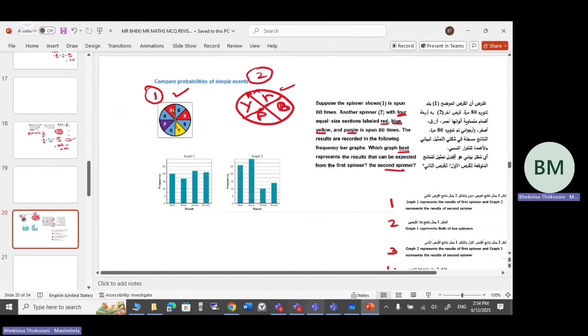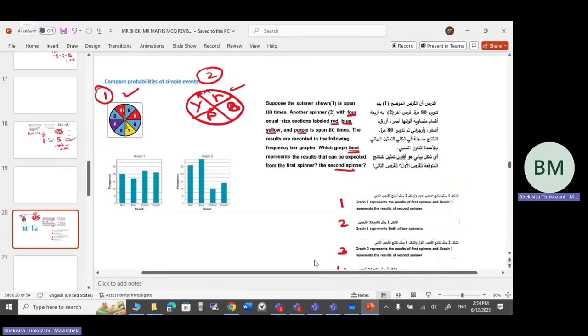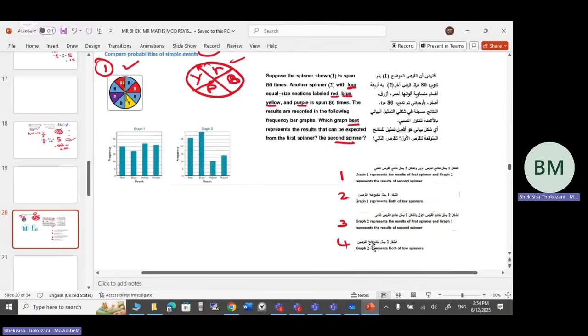Now let's read some of the statements that they gave us. Okay, they are saying to us, graph number 1, which is this graph, represents the results of the first spinner, this one here.